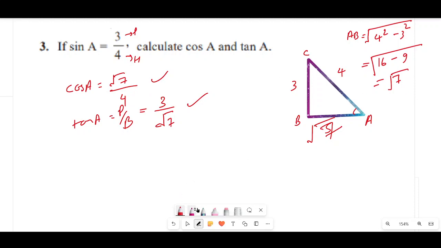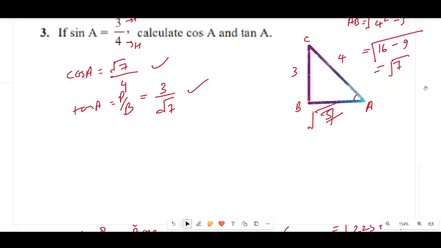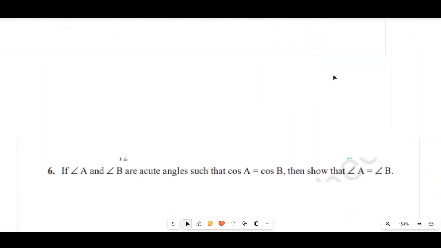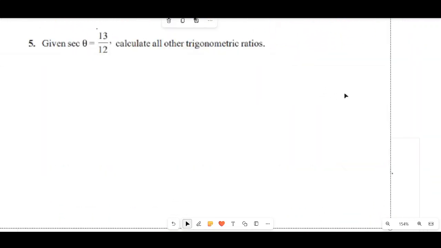Now, we should move on to question number 5. Clear? Now, question number 5. Sec theta is 13 by 12, and calculate all the other trigonometric ratios. If you want to calculate all other ratios, then we should draw a triangle first.